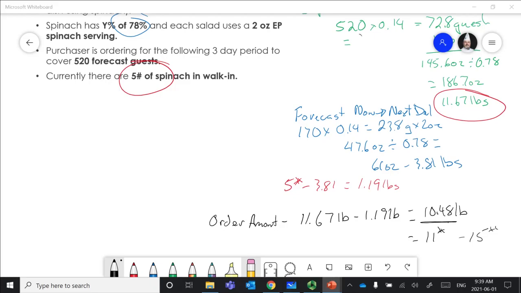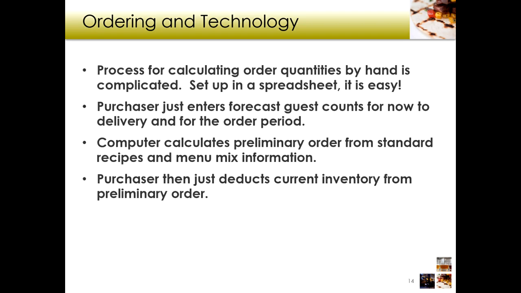Okay. All right, so a couple more points to point out. So using technology, right? The process of calculating order quantities by hand is multiple stepped. I wouldn't call it complicated, but if you follow the steps in the logical order that you're going to be using the product, then it's pretty simple. But if you set up a spreadsheet, an Excel document with these calculations, or put in your yield percentages already and it calculates for you, all you have to do is punch in your expected forecast of people.